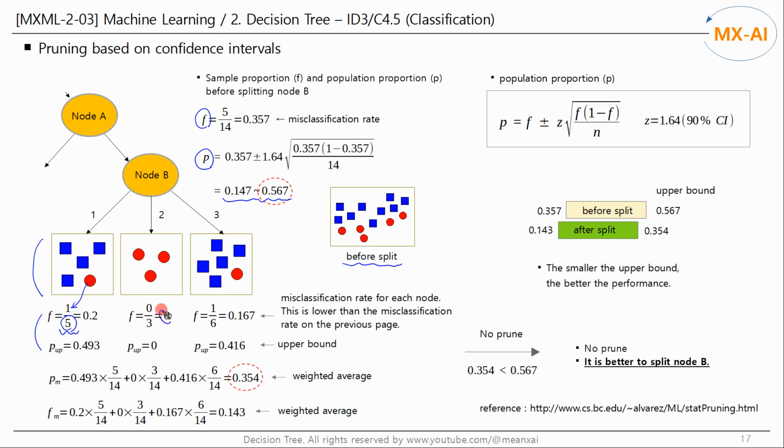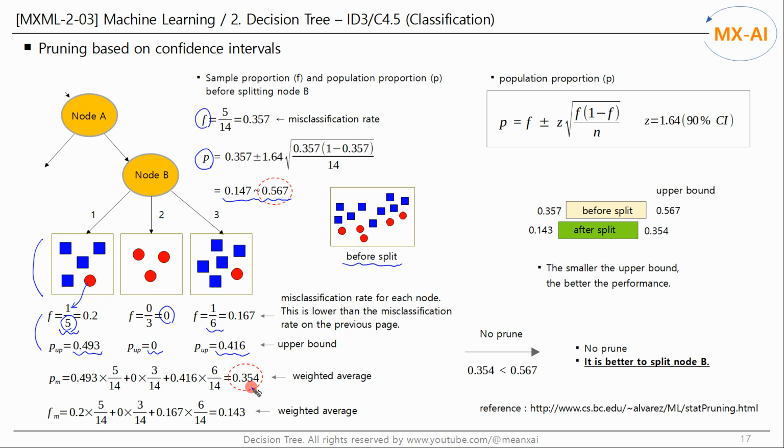That of the second node is 0, and that of the third node is 1/6. The misclassification rates of the child nodes are lower than the results in the previous slide. Calculating the upper bounds on the population proportion of these nodes in the same way as before gives the following results.